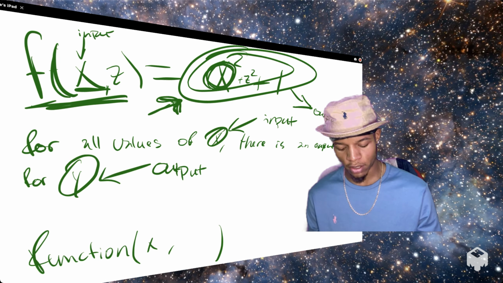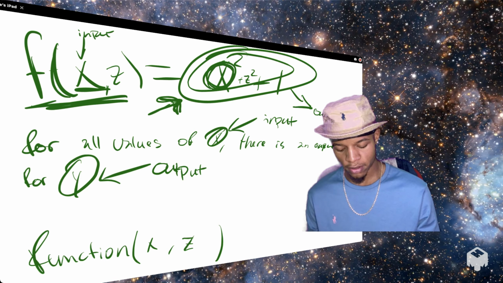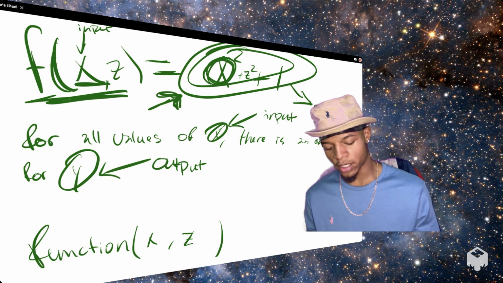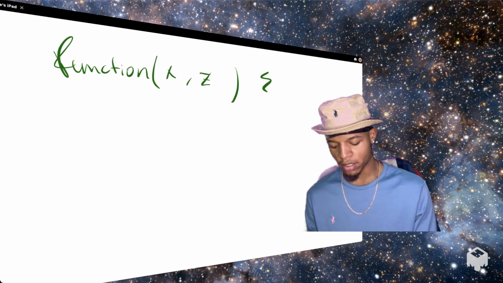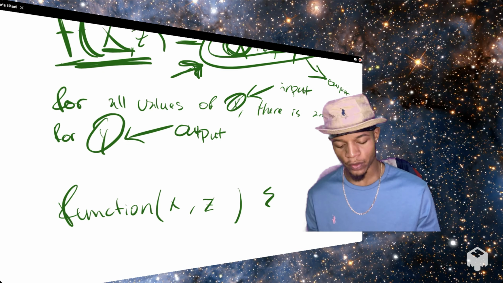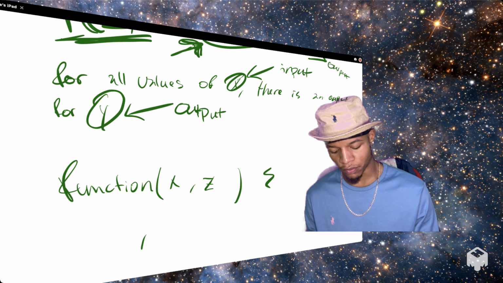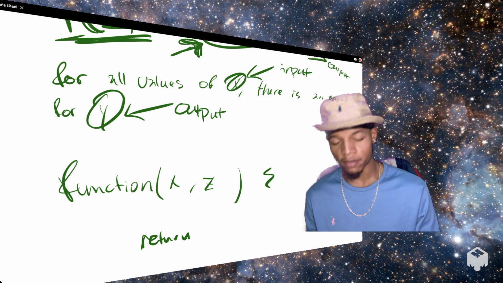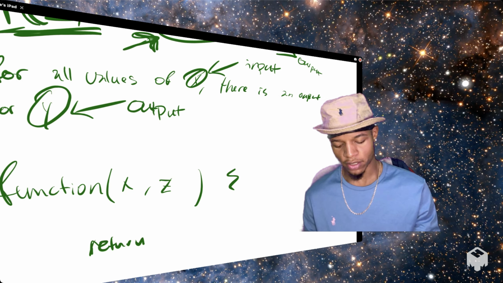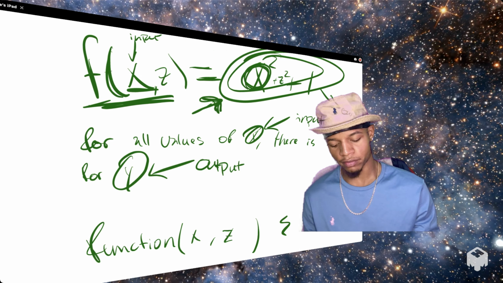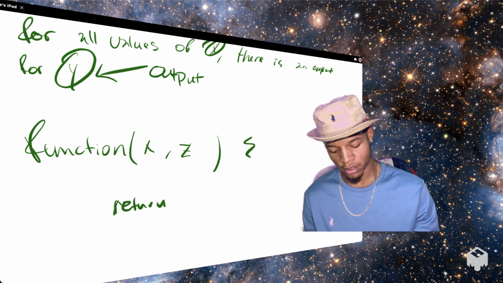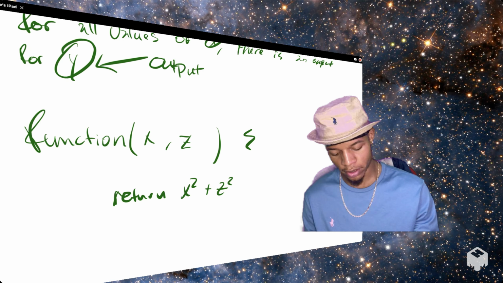We go x, z, separated by commas. Then instead of this equal sign, we have an opening and closing curly bracket, which says equal in a way. And then we can say return, which is saying, here's your output. Let me give you some output from this function. So what are we returning? We're going to return x squared plus z squared plus 1.